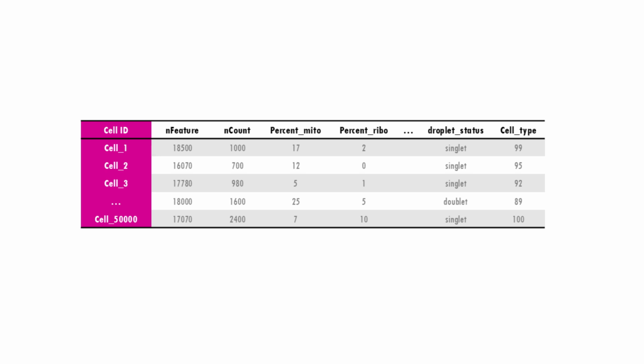This enables us, for example, to subset the Seurat object by a particular trait, or to remove cells with particular characteristics, or to do differential expression between cells of different cell types. The metadata is just a data frame with the cell IDs as rows and the different columns with metadata information.